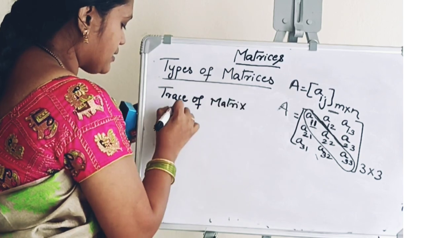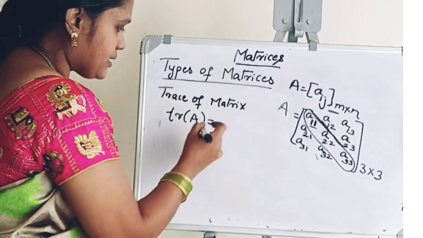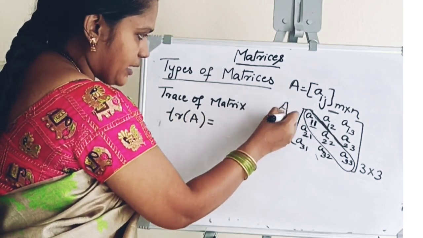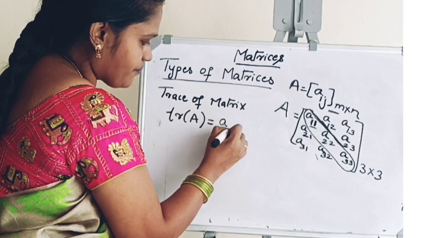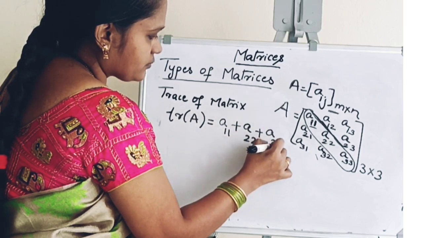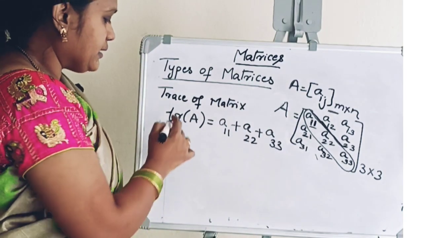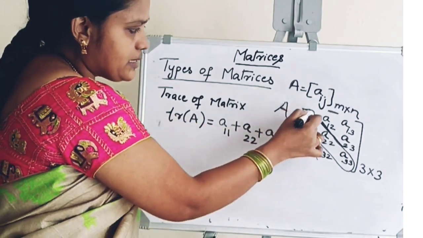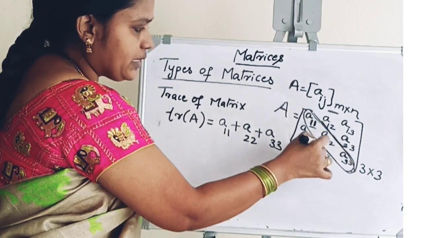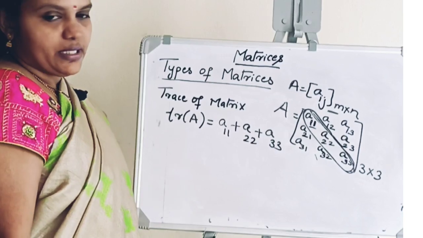Now the trace of a matrix, usually represented for some matrix A. If we consider this, the trace of matrix A we write like this. So from this you can tell that the trace of a matrix is nothing but simply the sum of the principal diagonal elements.